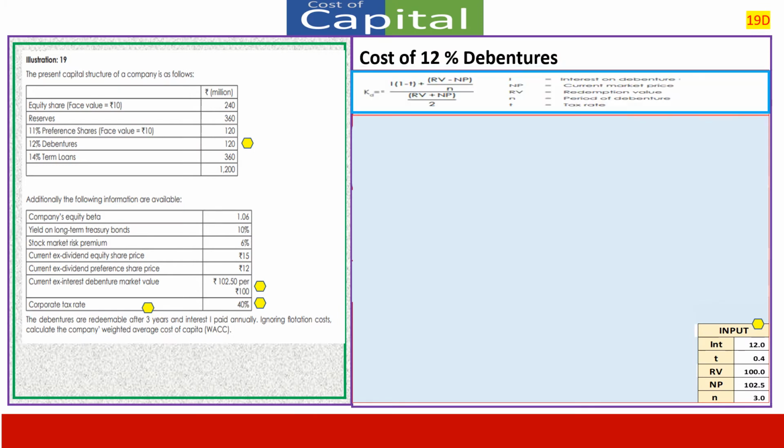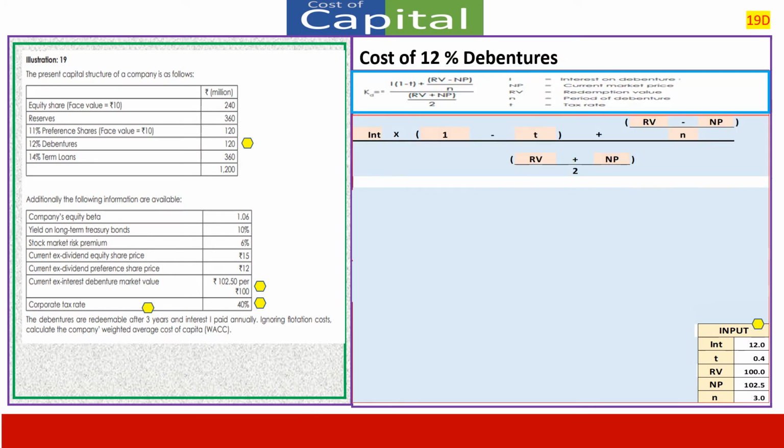Now coming to debentures. We said debentures, since they have given all details including the duration, we are going for the normal method of redeemable debentures. They are 12%. The face value of the debenture is 100, therefore interest is 12. Tax is 40%, means 0.4. Redemption value, it has to be redeemed. There is no premium, therefore it is 100.